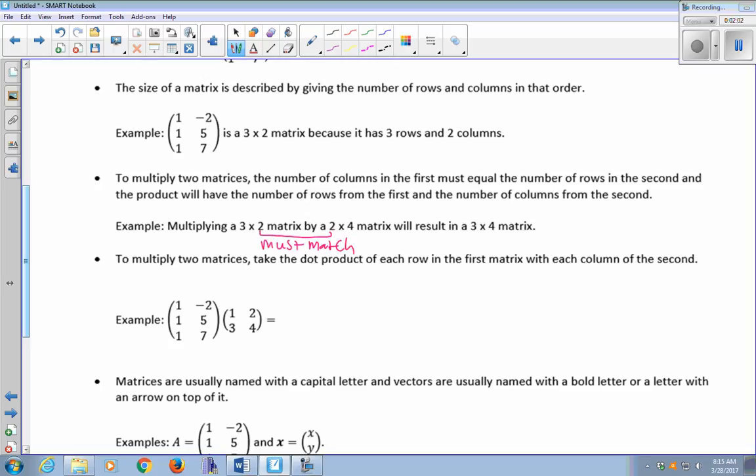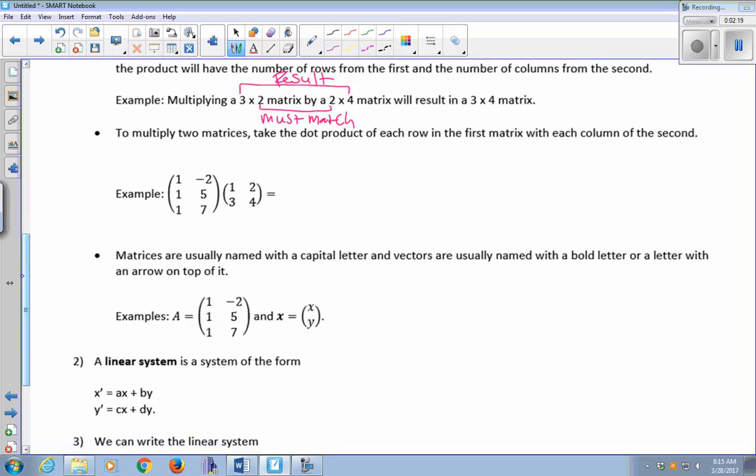The inner dimensions must match, and then the result will be the outer dimensions. So your result will be a 3 by 4 matrix. So the way you multiply 2 matrices is you take the dot product of each row in the first matrix with each column in the second matrix.